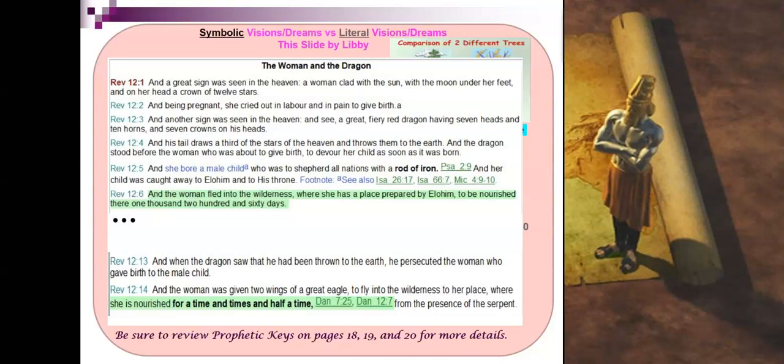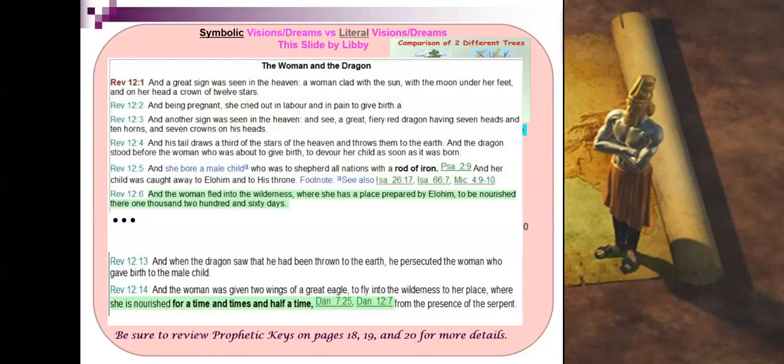It's very, very close. But this timeline in verse 14 and the timeline in verse 6, they both come out to 1,260. But which one is which? Which one is 1,260 years and which one is 1,260 days?